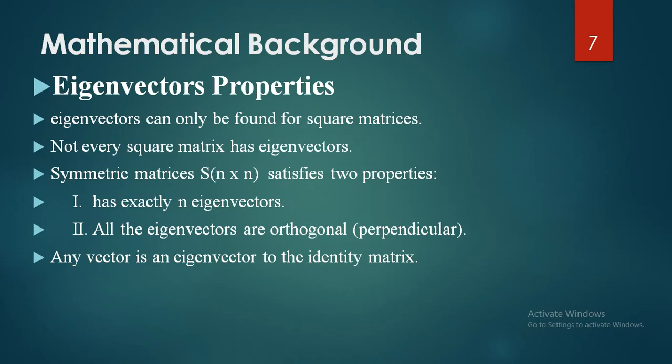Now let us see some of the properties of eigenvectors. So eigenvectors can be found only for a square matrix, but not always. If the square matrix is symmetric, then it will have exactly n eigenvectors, and all the eigenvectors are orthogonal. Any vector may be an eigenvector of the identity matrix.